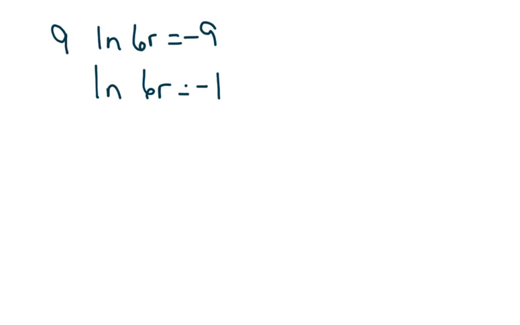Okay, 7. We have 9 times ln of 6r equals negative 9. Divide both sides by 9. I have ln of 6r equals negative 1. And I'm going to multiply by 1, which in ln land is ln of e. I'm going to do my power property.